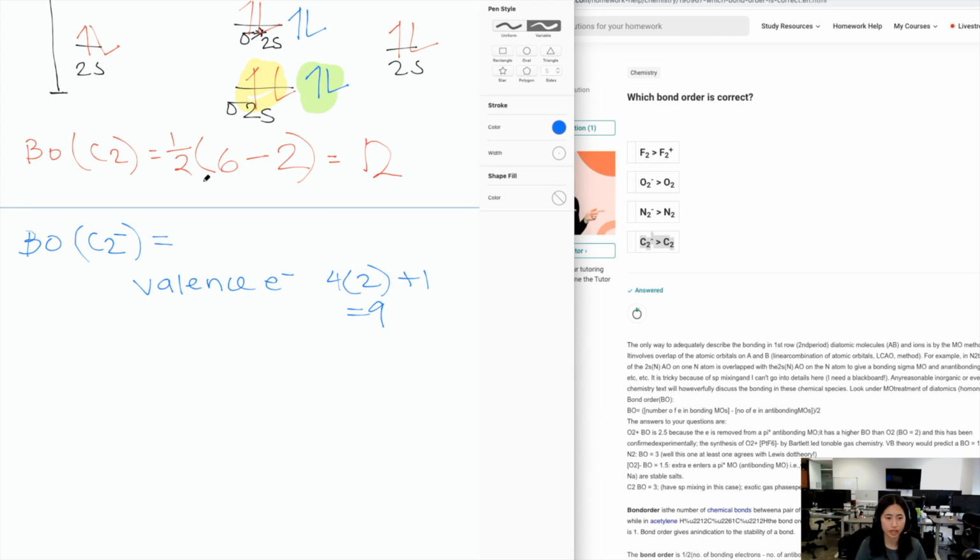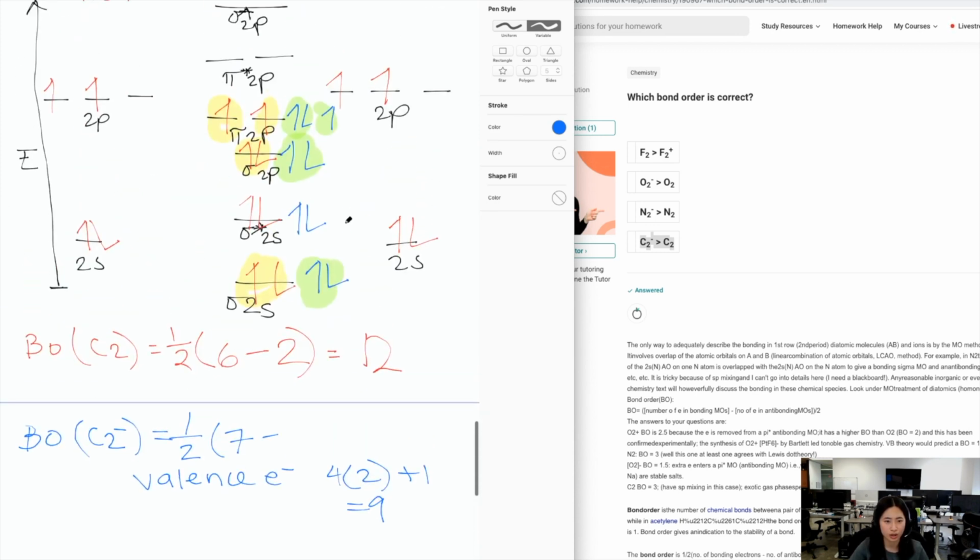So the number of electrons in your bonding orbital is 7. So 1/2 times 7 minus anti-electrons, there's 2. So that's 5 divided by 2, which is equal to 2.5. So as you can see, the bond order of C2 minus is greater compared to the bond order of C2, which is 2.